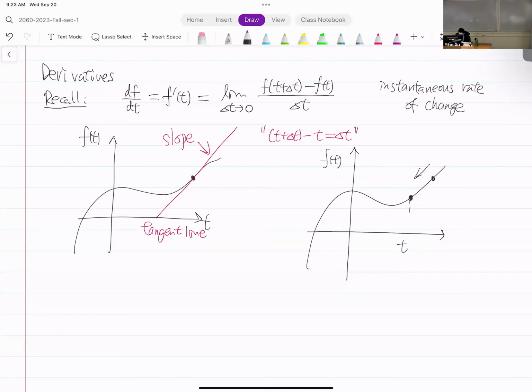And this is the input t. This is the input t plus delta t. Right? So this part is the change in input, which is delta t, which is also the run. And then the rise is exactly the change of the output right here.